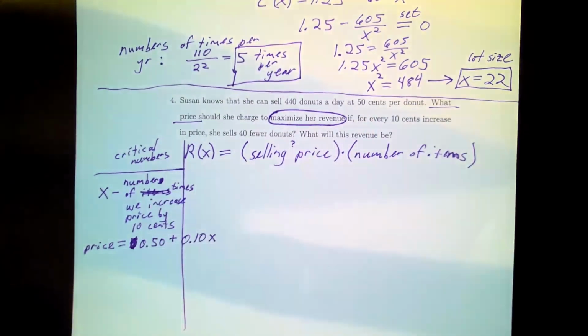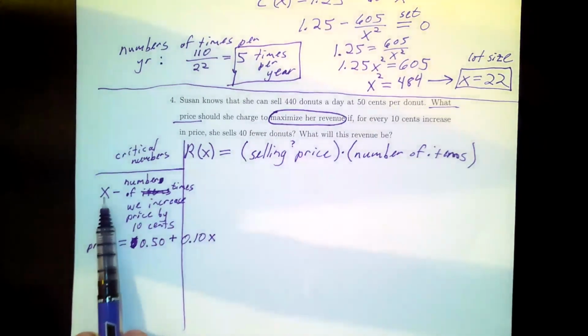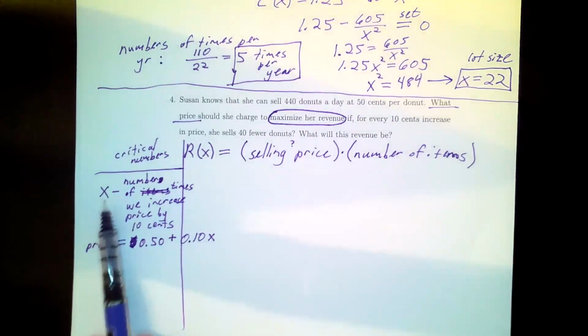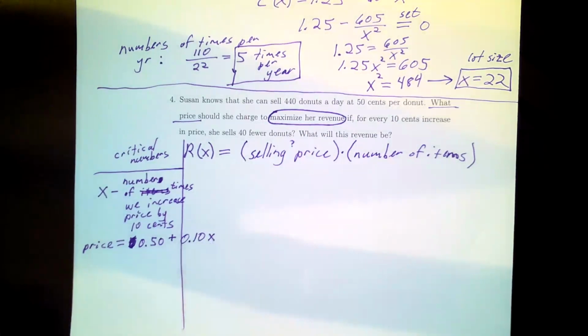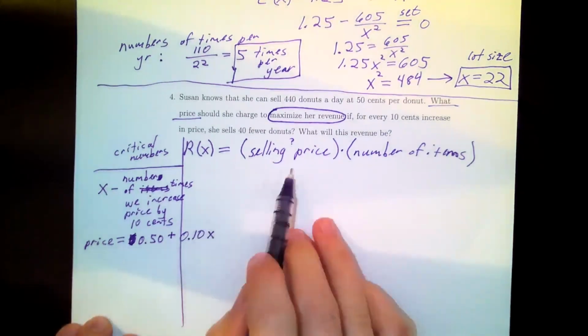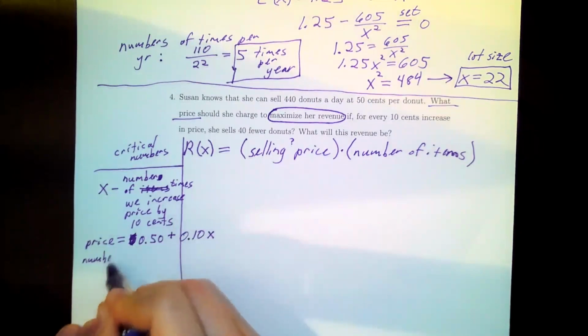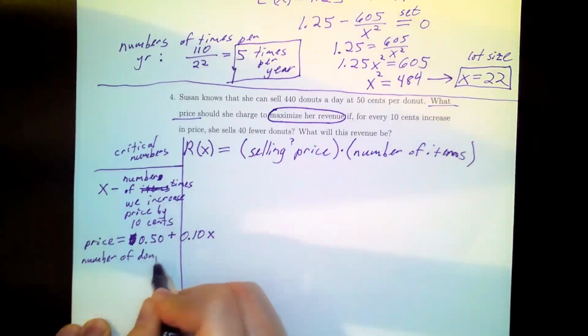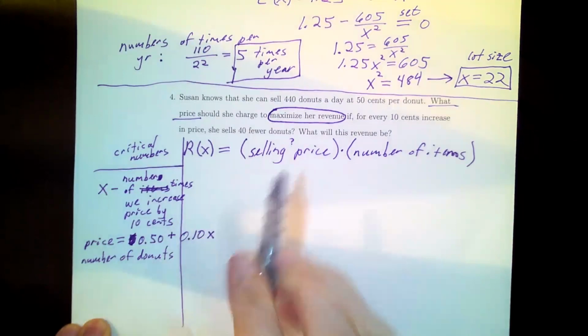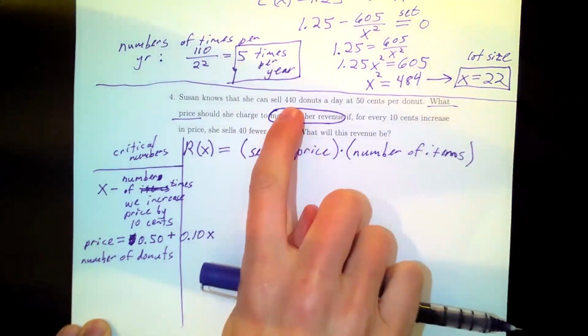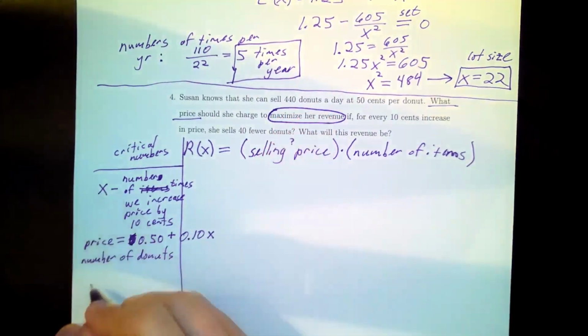So selling price is going to start out at 50 cents, but add 10 cents for each time that they crank up the price. So we're going to end up having to find the X, which is the number of price increases by 10 cents that we would need. If that's the selling price, then the number of donuts being sold: she says she can sell 440 donuts at their current price.